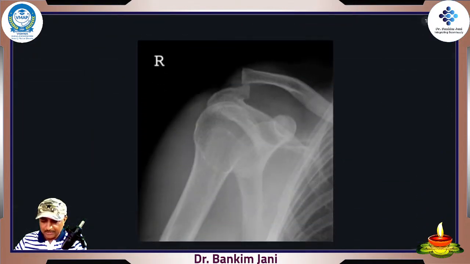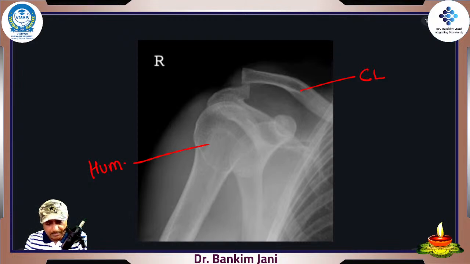One more image. Watch this. See? Yes. This one is clavicle, right? That one is clavicle. This one is humerus. This one is coracoid process.